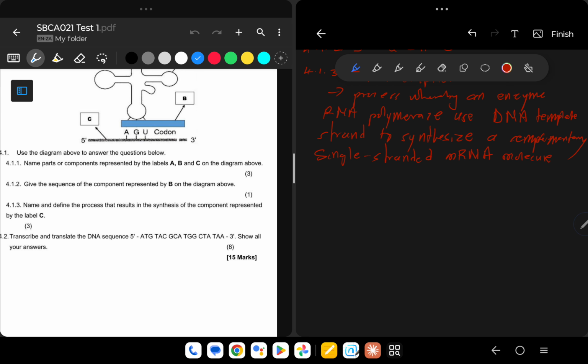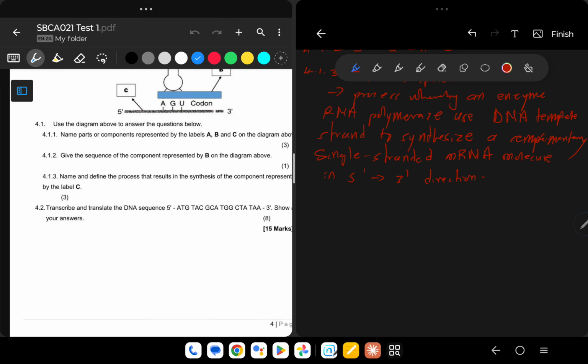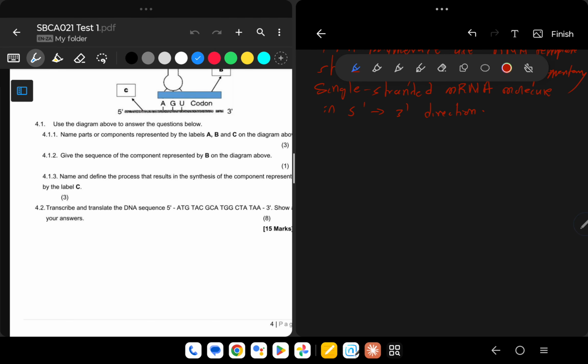You can also mention the direction, that is 5' to 3'. So that is it. So we also have 4.2. In 4.2, they say transcribe and translate the DNA sequence 5' ATG TAC and that.